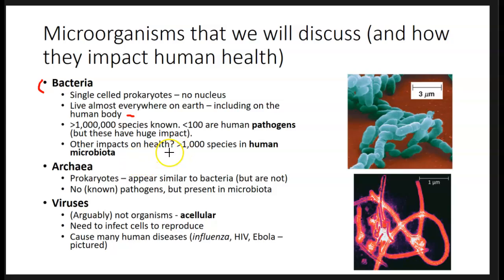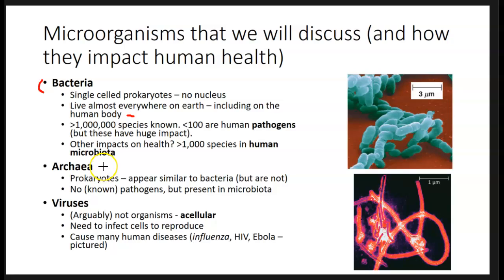There's over 1,000 species of different bacteria just in human bodies that make up the human microbiota. Archaea are prokaryotes. They're similar to bacteria, but are not bacteria. In fact, if you look at their chemical makeup, they are quite distinct from their bacterial prokaryotic relatives.